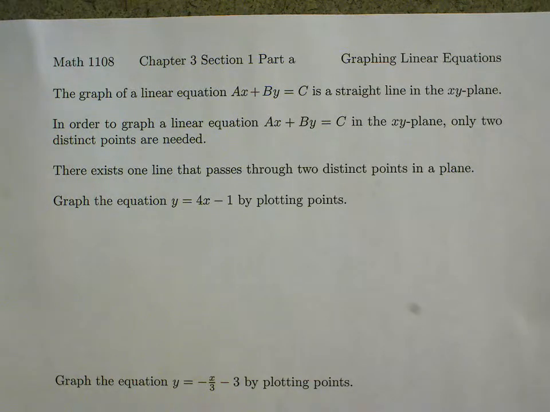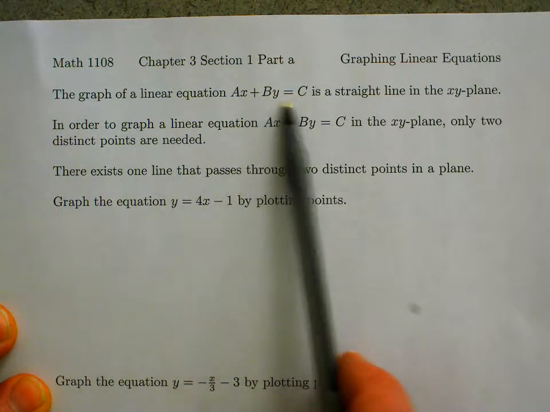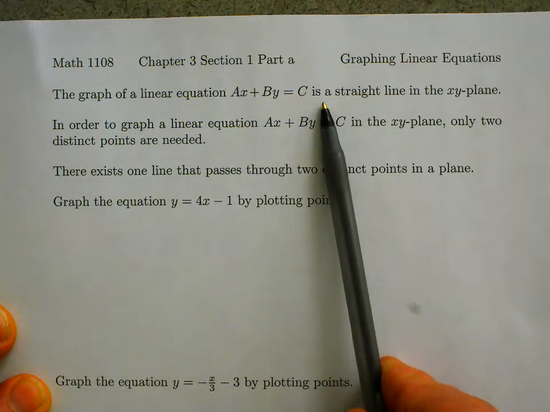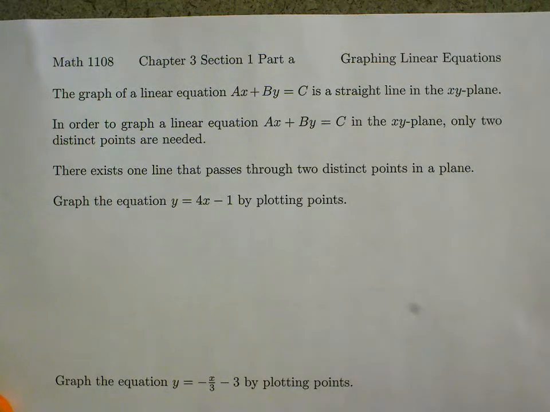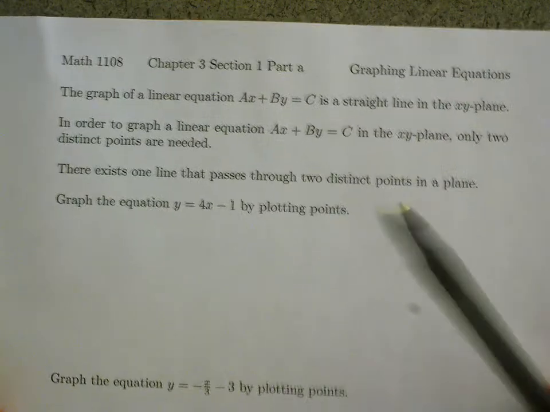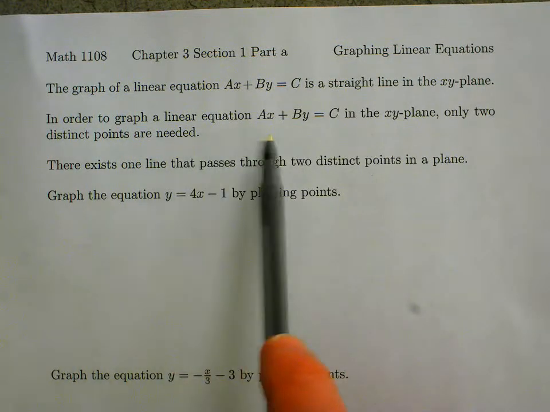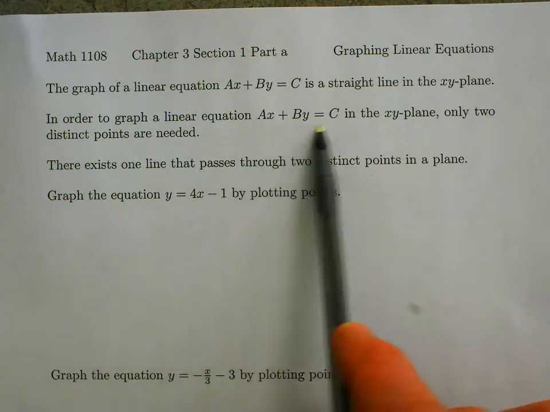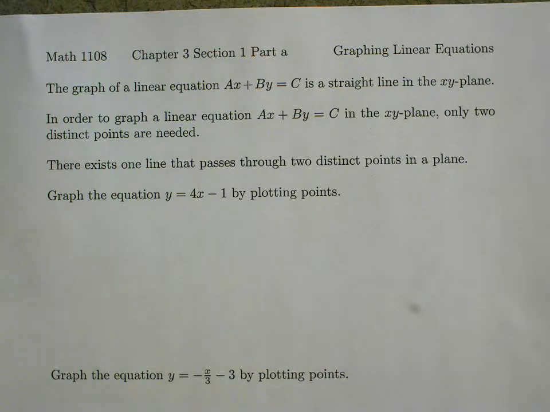Okay, so as has been stated, the graph of a linear equation ax plus by equals c is a straight line in the xy plane. So in order to graph a linear equation, ax plus by equals c in the xy plane, only two distinct points are needed.